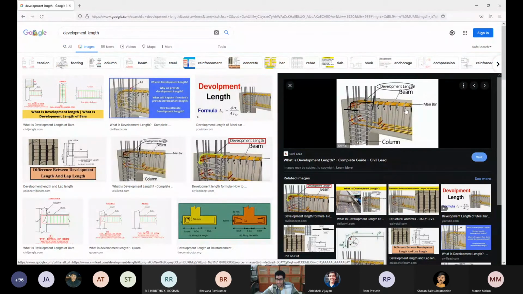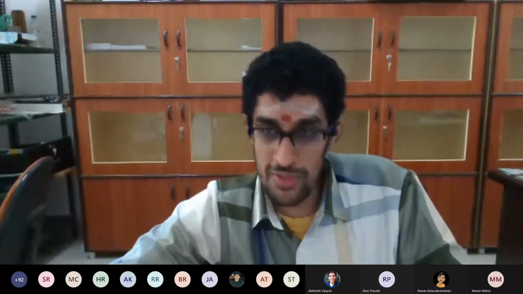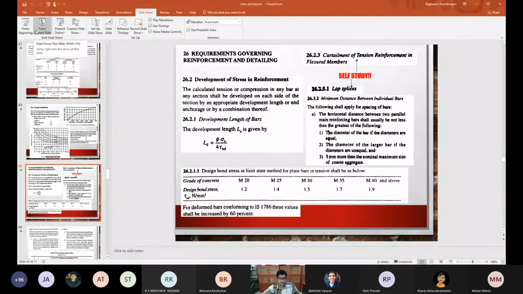So usually, yeah, you can see over here, this is how it will be, and this is the main bar. Instead of stopping at the column reinforcement, it is going in and going down for a certain distance. So this is what is development length. I just wanted to show that, because without that you will not understand what development length is. That's why I showed that. So coming back to this.